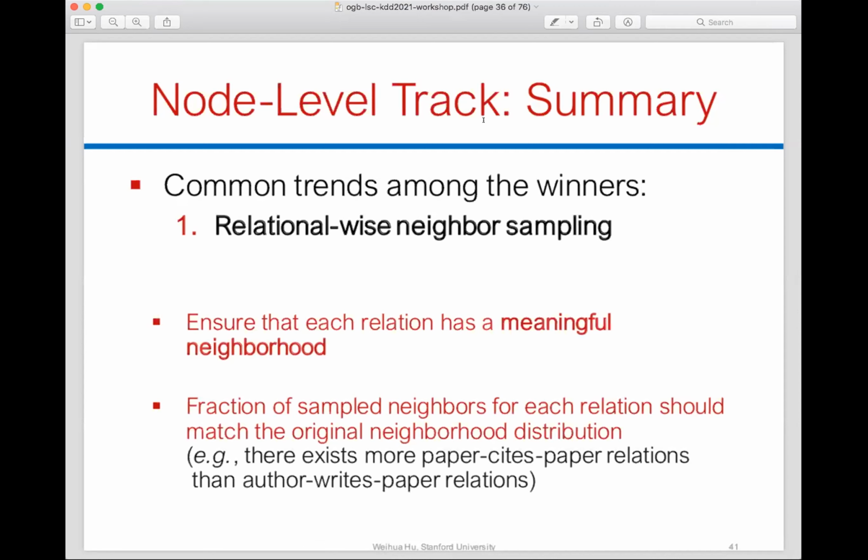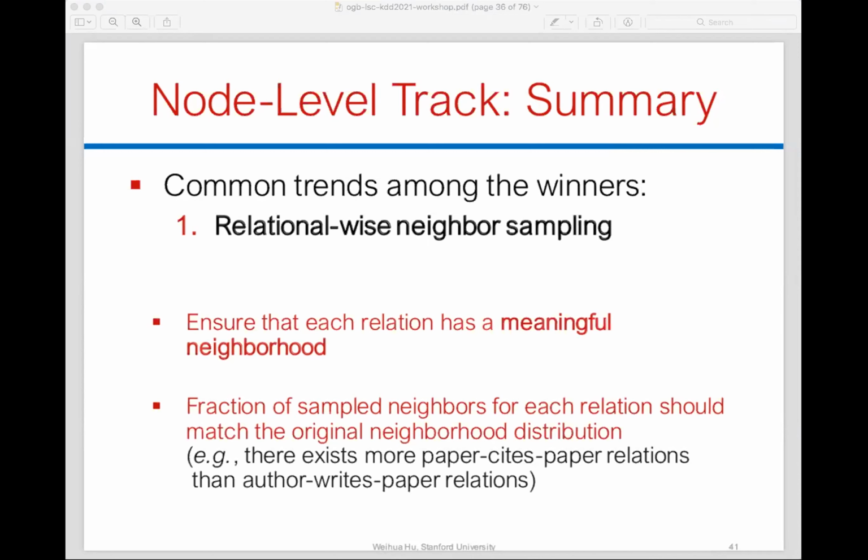But so the first trend we identified is usage of relation-wise neighbor sampling in GNN models. And in particular, what that means is that we want to sample neighbors for each edge type individually. And overall, this ensures that each relation has a meaningful neighborhood and that each edge type is also present in the sampled heterogeneous graph.